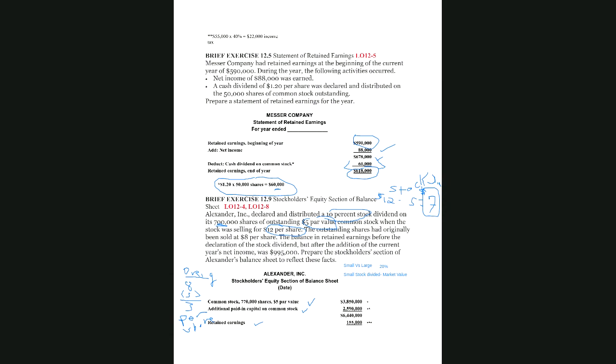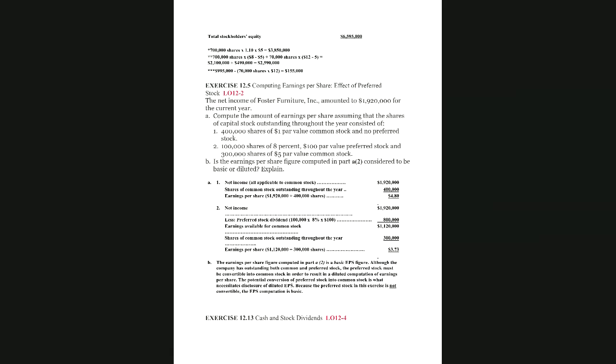Let's figure out the number of shares first. It gets tricky. Originally we had 700,000 shares outstanding. Then the corporation issued a 10% stock dividend. 10% of what? 10% of the outstanding shares.